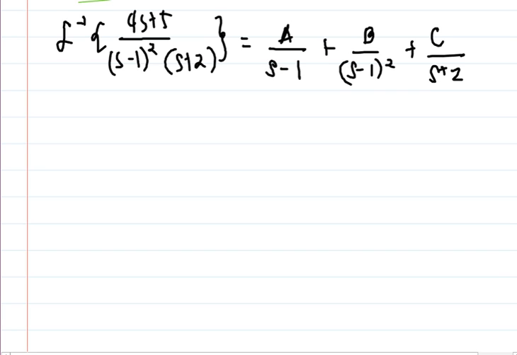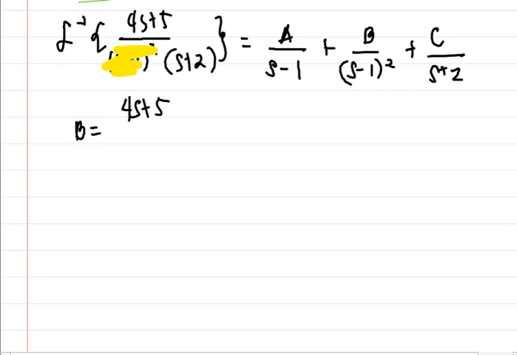Take note, if I cover the factor (s minus 1) squared, what I need to equate is what remains with s minus 1 squared. So that is equal to B.